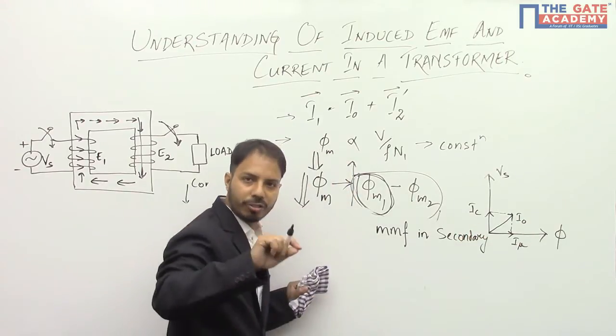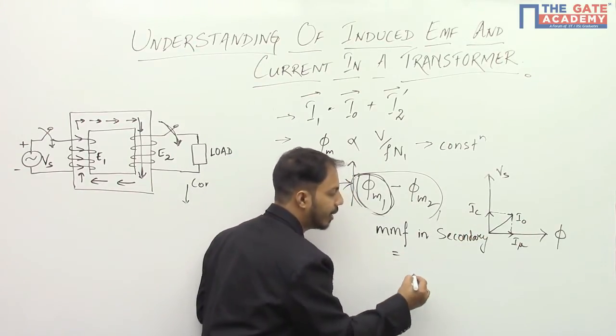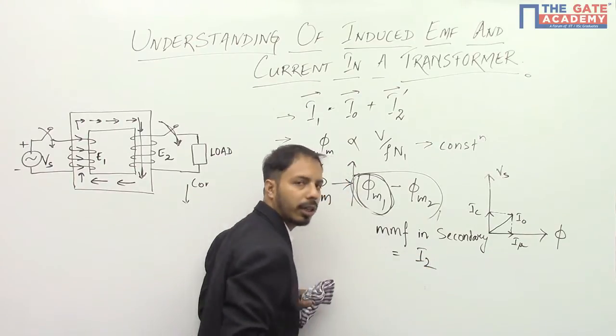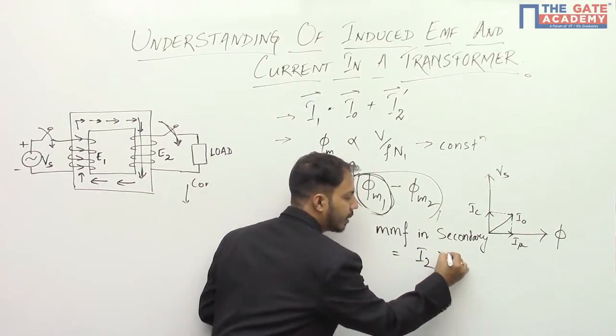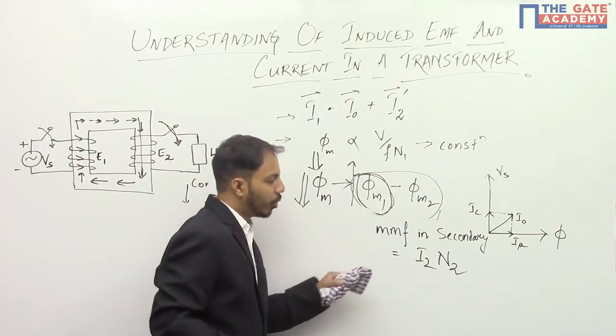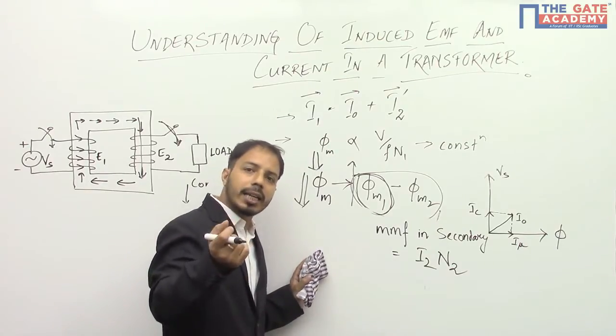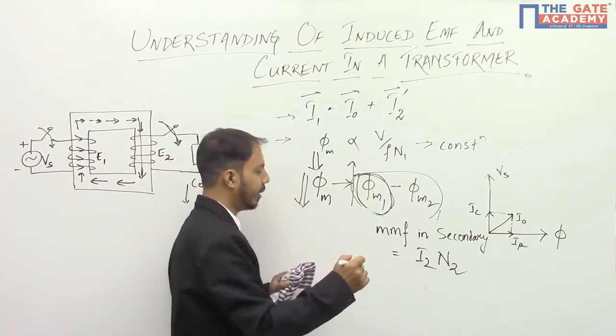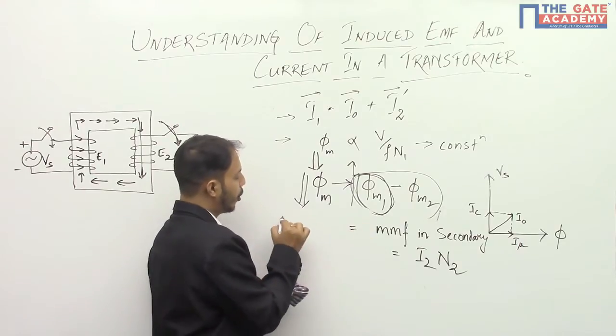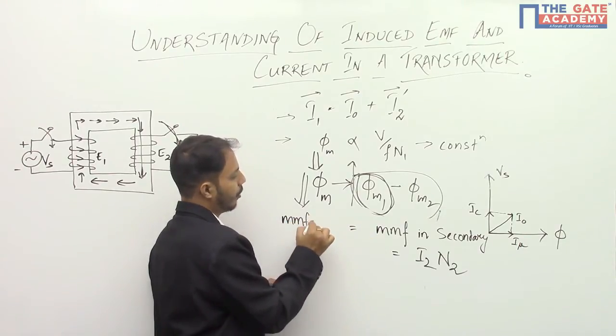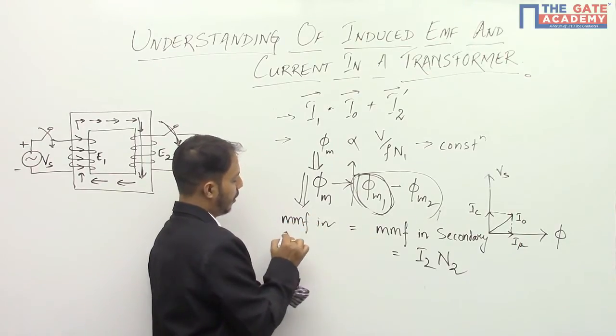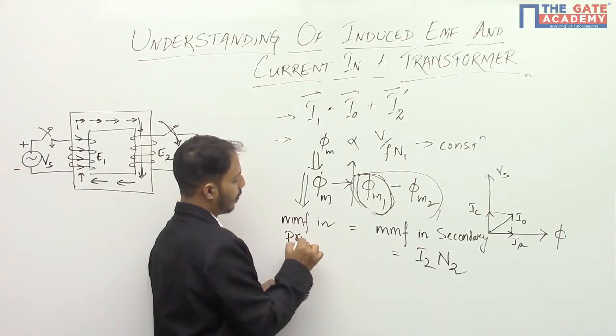MMF we know is number of turns into current. In secondary the current is I2 and the number of turns is N2. Now, this should be balanced by the increase in the current in the primary, so this should be equal to the MMF in primary.